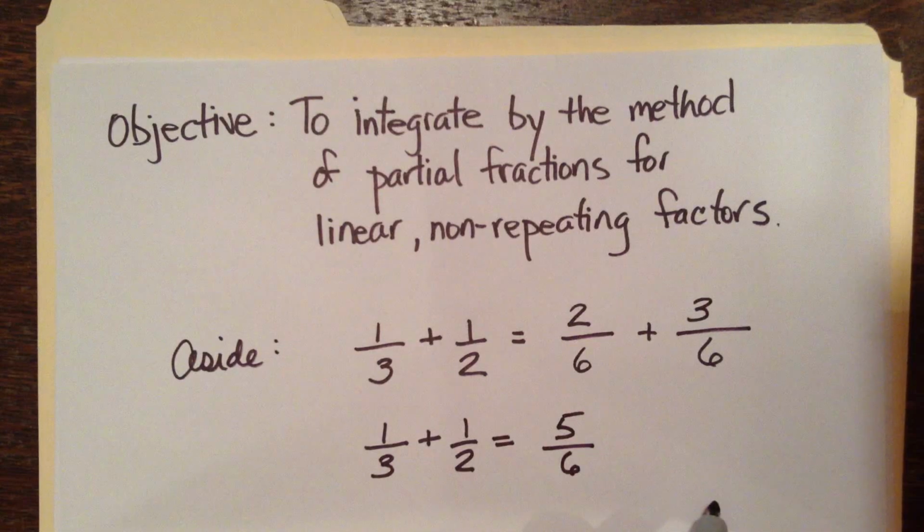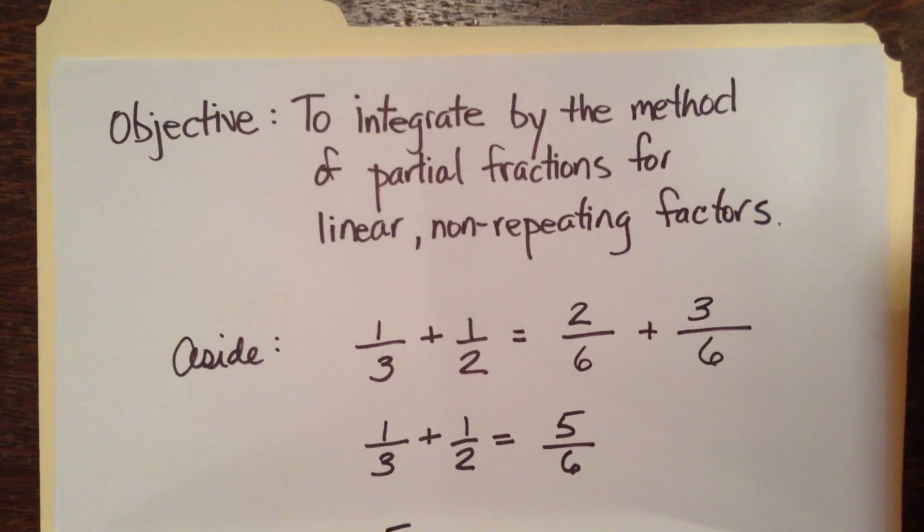So the idea behind partial fractions is, given a fraction such as 5/6, from what two fractions do I add to get 5/6? So this was our answer when I add 1/3 and 1/2. And partial fractions gives you the answer, and you have to come up with the parts or the pieces, the fractions that might add together to give us 5/6.